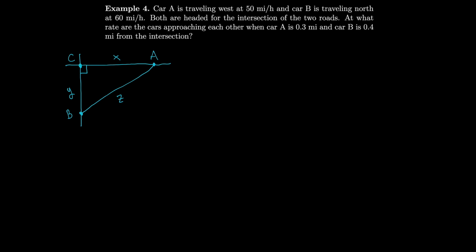So that means that x is getting smaller and smaller at a rate of minus 50. So dx dt equals minus 50 miles per hour. Similarly, y is getting smaller and smaller as time goes on. So dy dt is equal to minus 60 miles per hour, because that was the rate for car B.